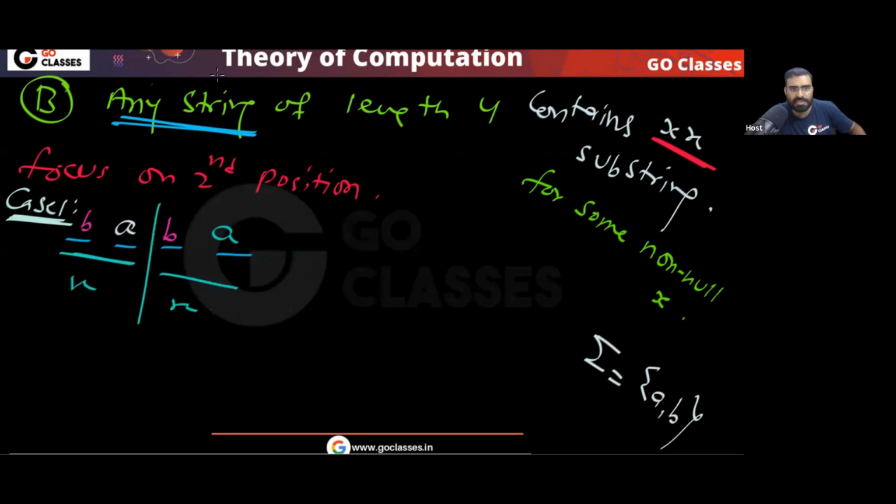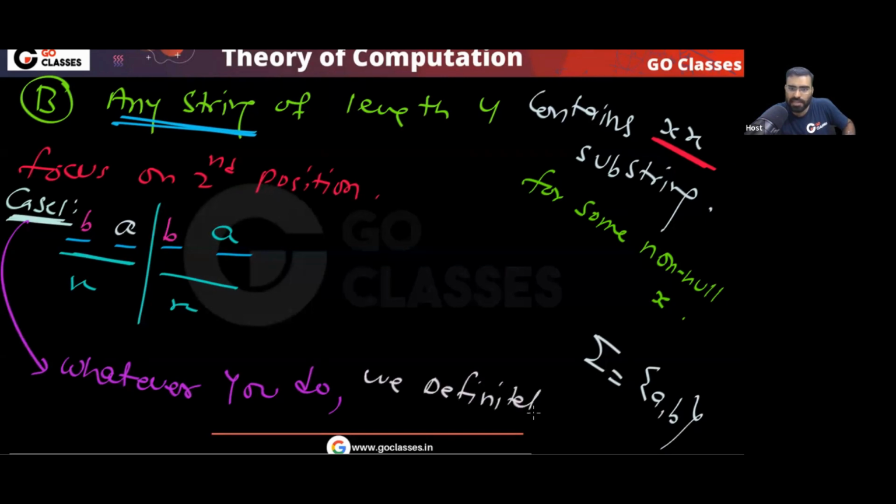So did you understand that we cannot create any string of length 4 without XX? In this case one, whatever you do, you will definitely get it.